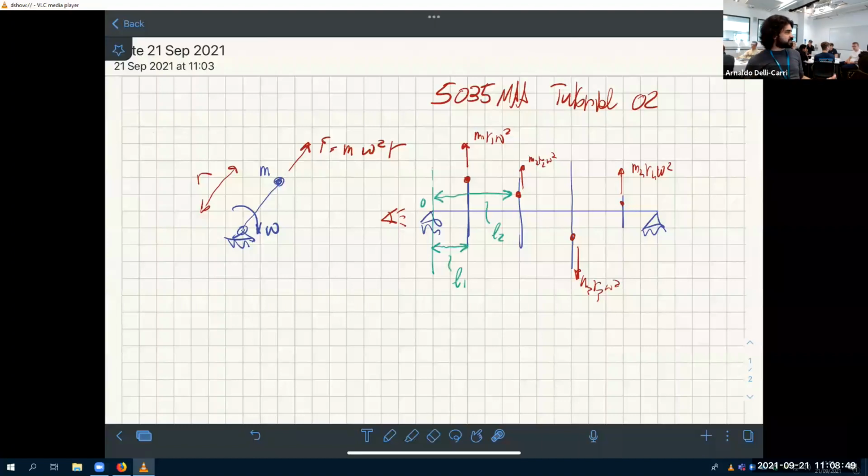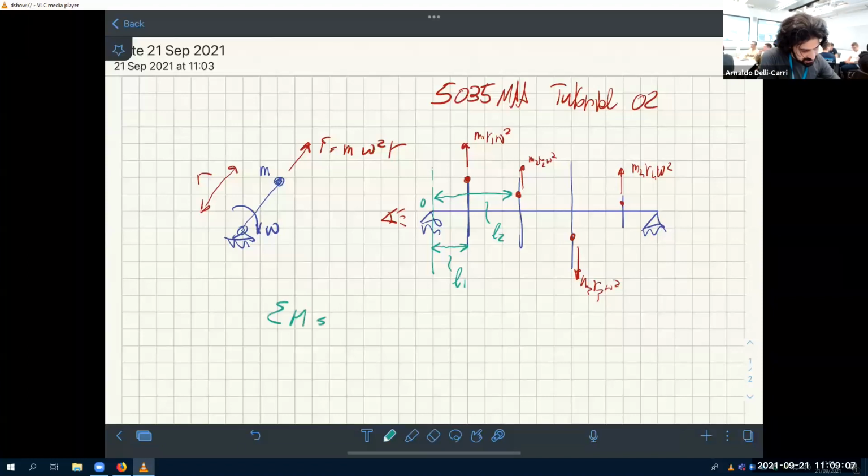So to balance these, again, it's M1 R1 L1 omega squared plus M2 R2 L2 omega squared, and so on and so forth. You take out all the omegas, because omega is common everywhere. You are left with the sum of moments, which is the sum of Mi Ri Li omega squared, equal to 0.